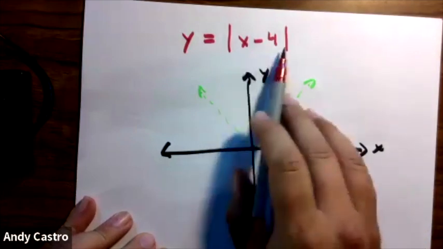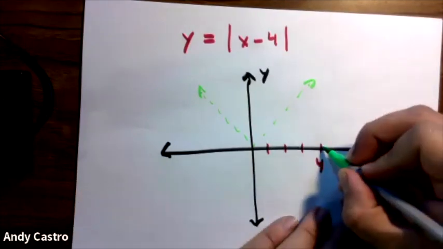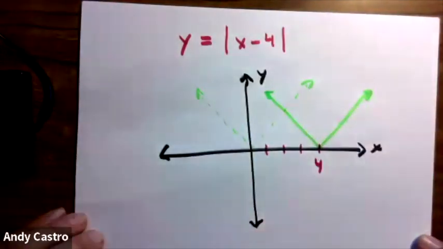Because if I plug 4 in, that gives me 0. There we go. All right. And that is graphing inequalities and the absolute value.